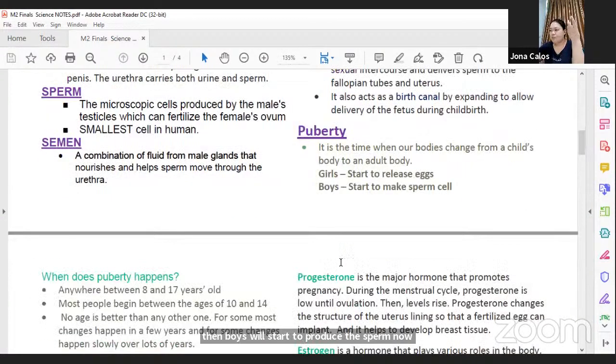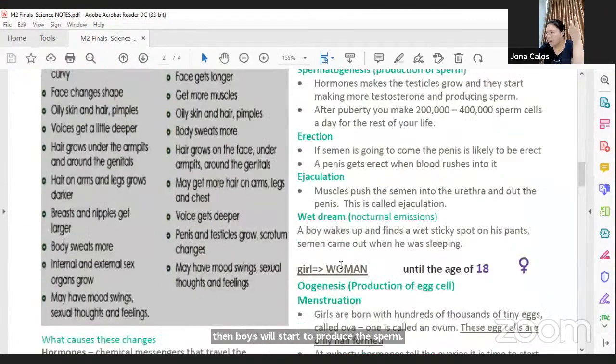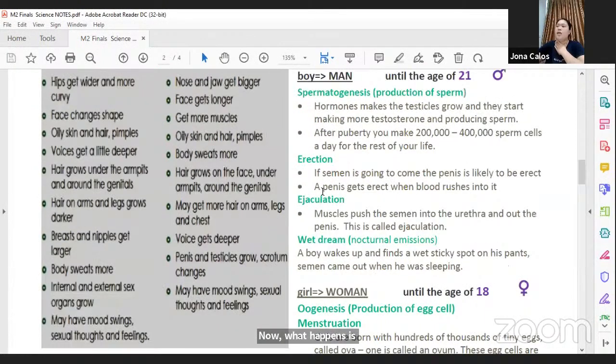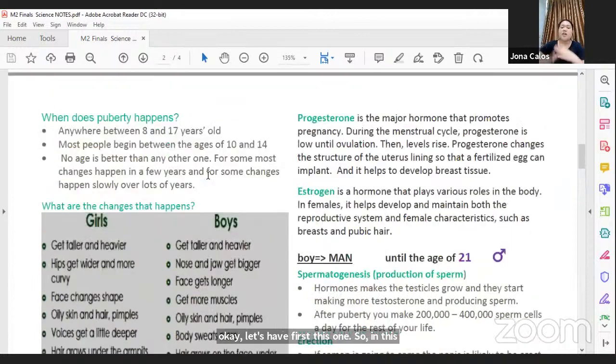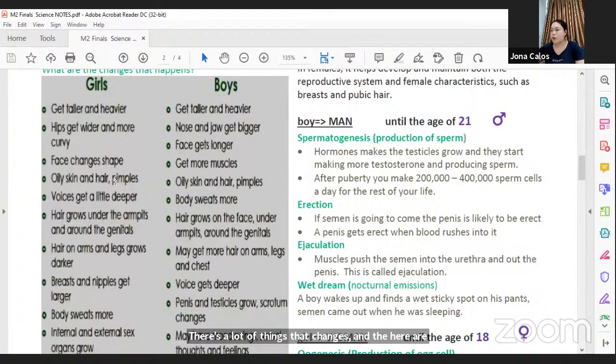Now, what happens is that, let's have first this one. So in this stage, there's a lot of things that change. And here are some lists of the changes that happen to your body.